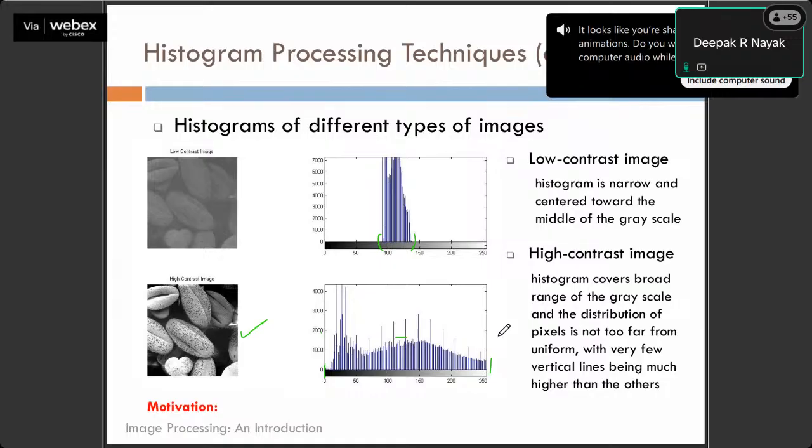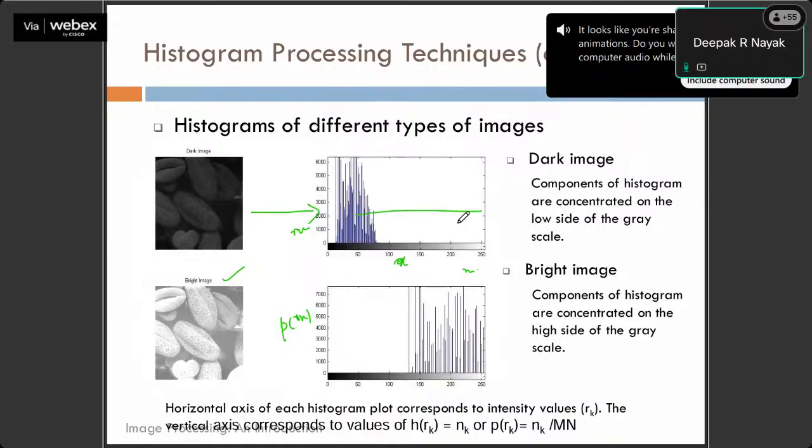So if this type of histogram is given to us, and we can spread this histogram uniformly in both directions across all the gray levels, the contrast of this image is going to be improved.